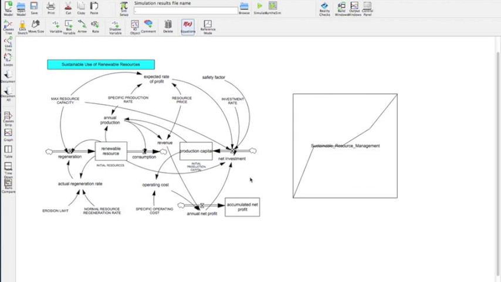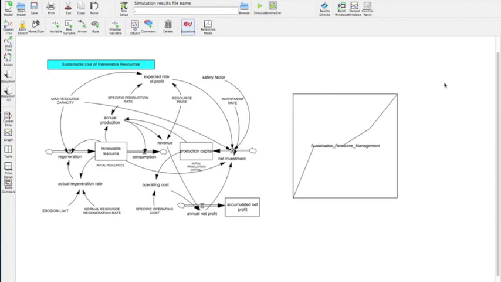So the general idea is that your net investment is driven not only by expected rate of profits, but also by this maximum resource capacity with the safety factor, which tampers or modulates how much money you put into producing capital to generate revenue and operating costs.